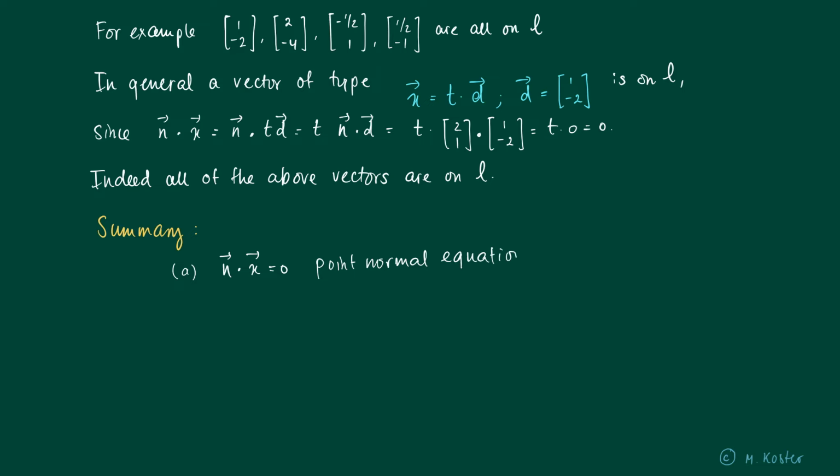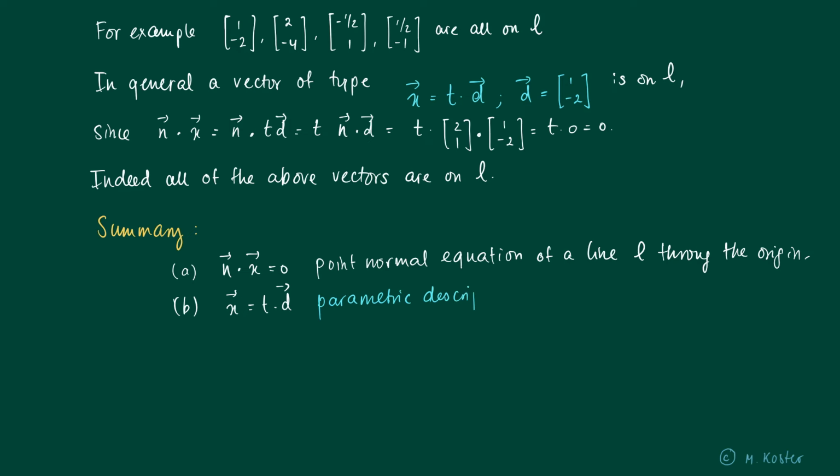And this, n times x equals 0, is a point normal equation of the line L through the origin. The second one characterizes the line as all vectors x being a multiple of the same vector d, the direction vector. This is called a parametric description of a line L through the origin.